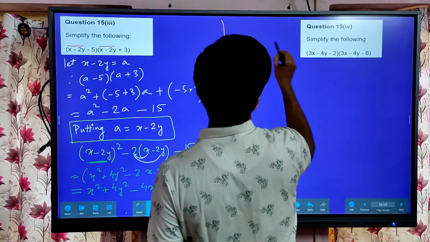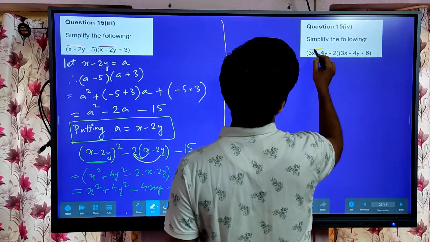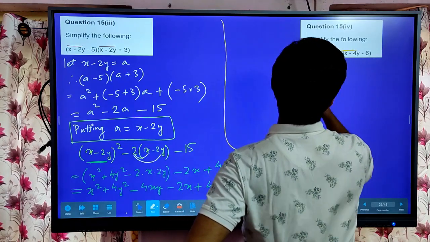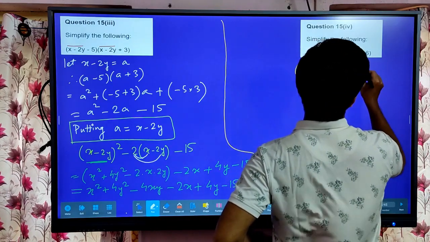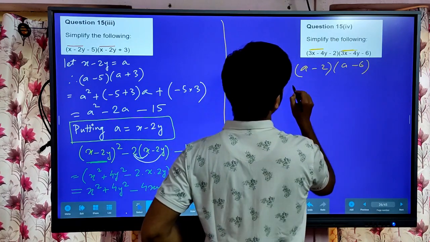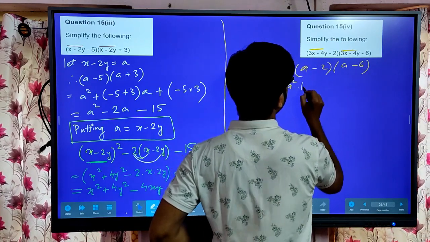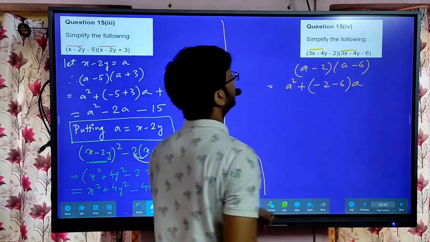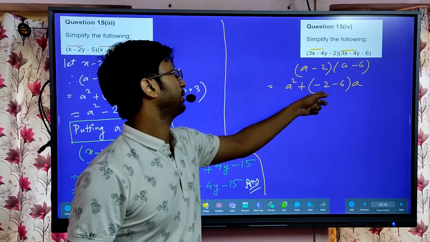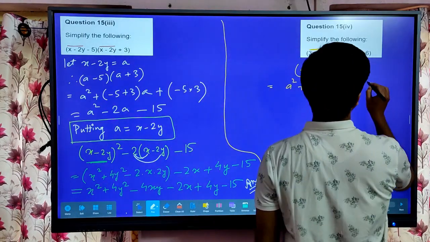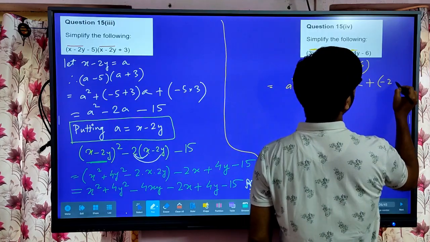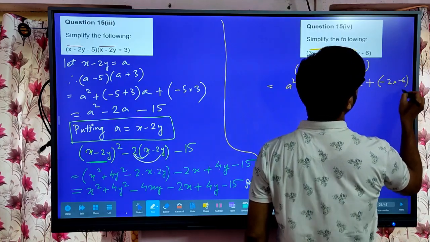So here 3x minus 4y, you are going to take it as a, here also a. So it is becoming a minus 2 into a minus 6. So it will be a square plus minus 2 minus 6a, and minus 2 into minus 6.